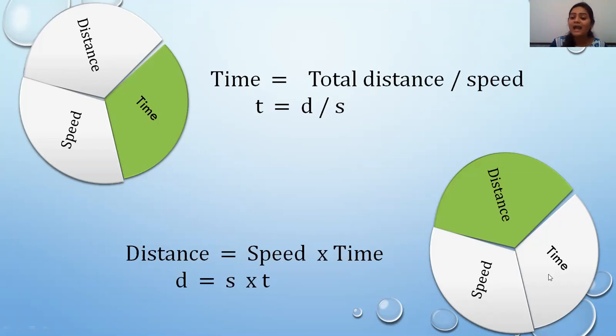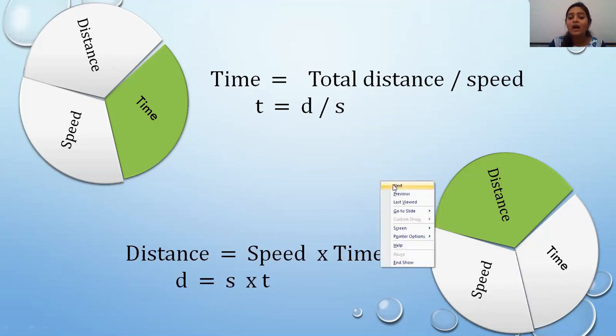Speed and time are in the denominator and beside each other. So I write the formula as: distance is equal to speed into time. It's an easy way to remember formulas. You can draw it in your notebook, which will help you in recollecting and revising the formulas again and again.